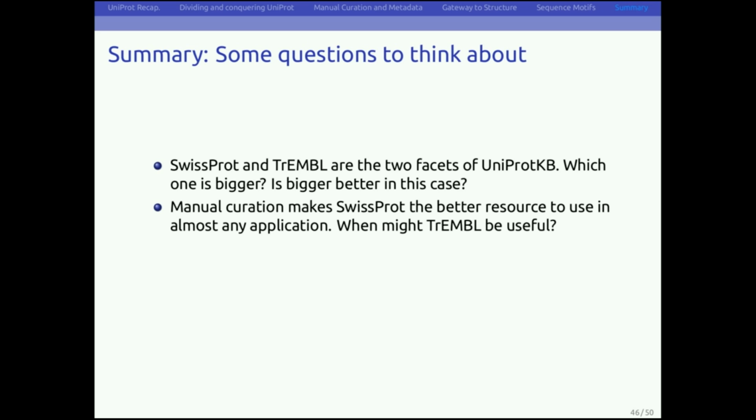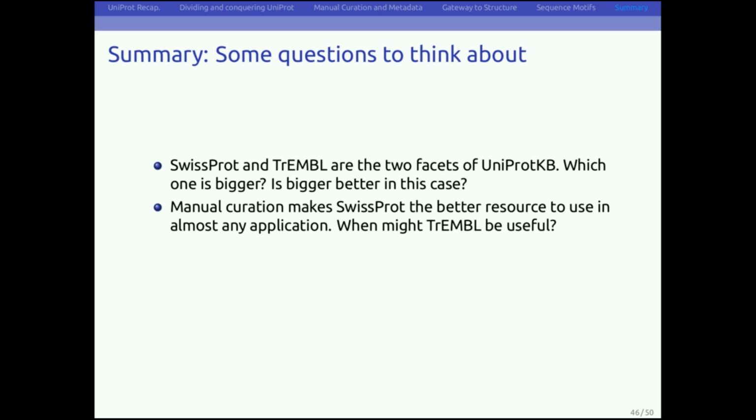So, following on from that, manual curation makes SwissProt the better resource to use in almost any application. So if you are writing bioinformatics algorithms or scripts that need to work on UniProt KB sequences, maybe you're doing a survey of the proteins in UniProt, I would advise restricting yourself to SwissProt.